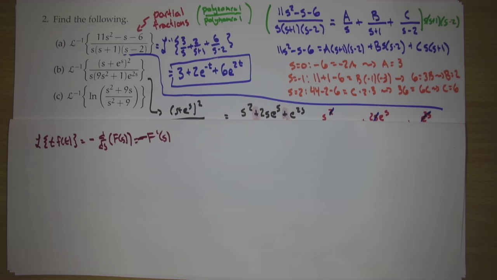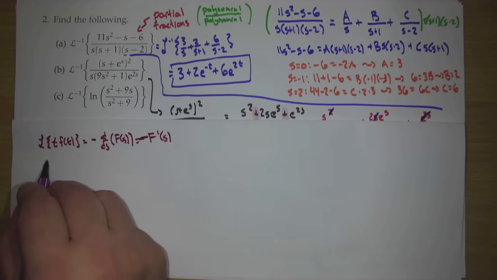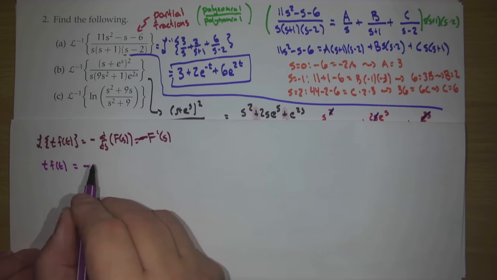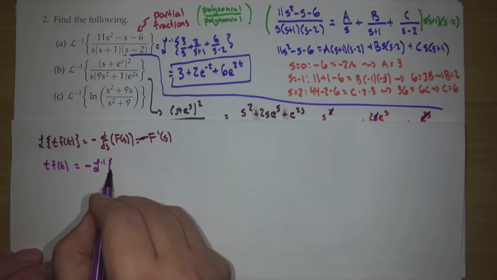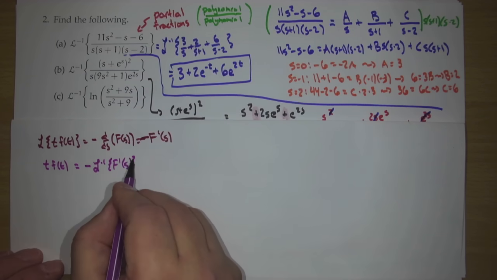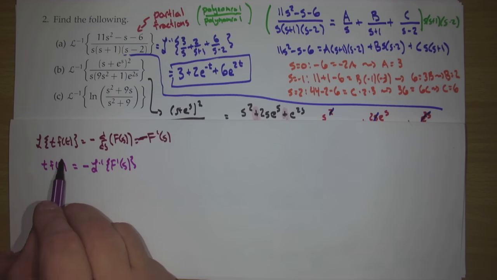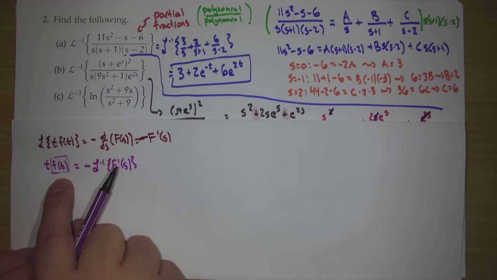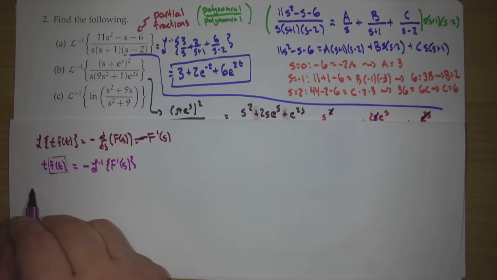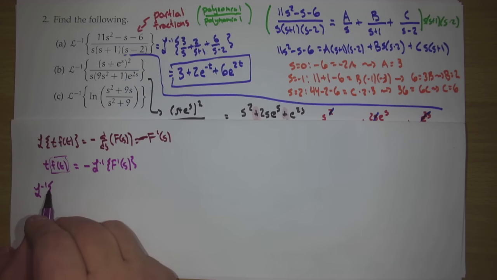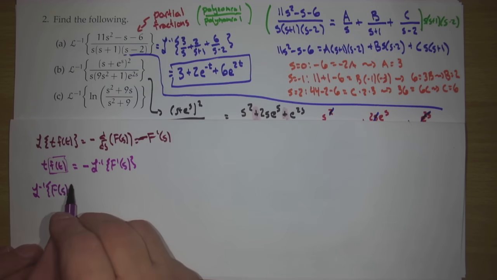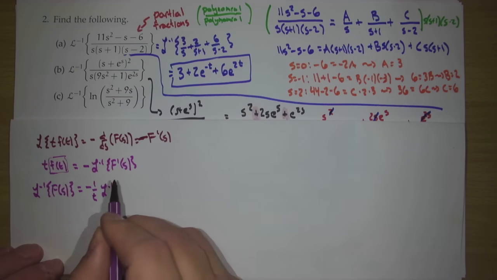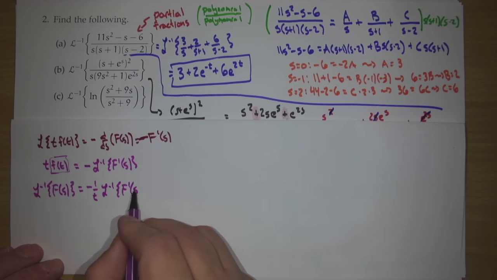Well, if you take the inverse Laplace of both sides, that says t f of t is minus the inverse Laplace of F prime of s. And now our great aha: this f of t has another name. It's the inverse Laplace of F of s. So the inverse Laplace of a function is negative 1 over t times the inverse Laplace of the derivative.